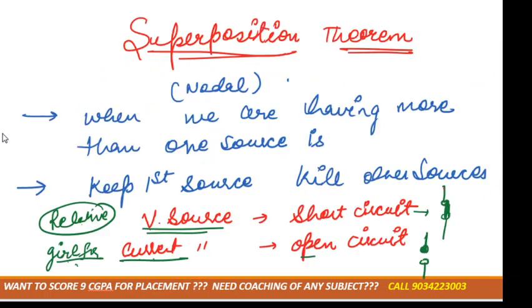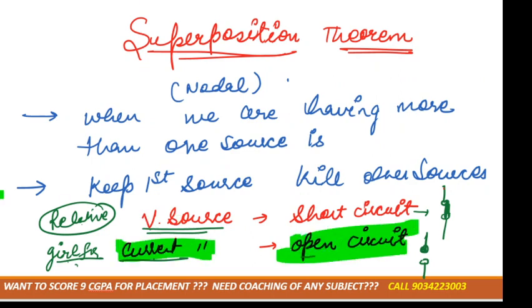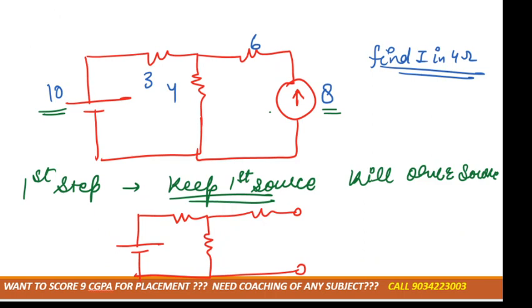As I told you, the current source must be open circuit. In this case we need to calculate the current in the 4 ohm branch, so we mark it I dash. Now your main focus is to calculate I dash. Here it is 10 volt, here it is 3 ohm, and here it is 4 ohm.